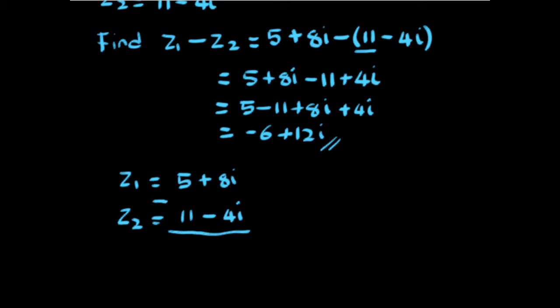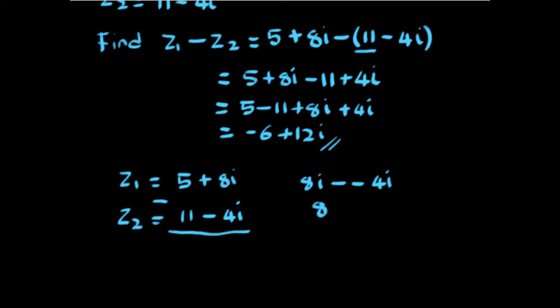So we have minus. Now we have to be very careful here. At the right hand side, we have 8i minus 4i. We have to be very careful with the negative sign.